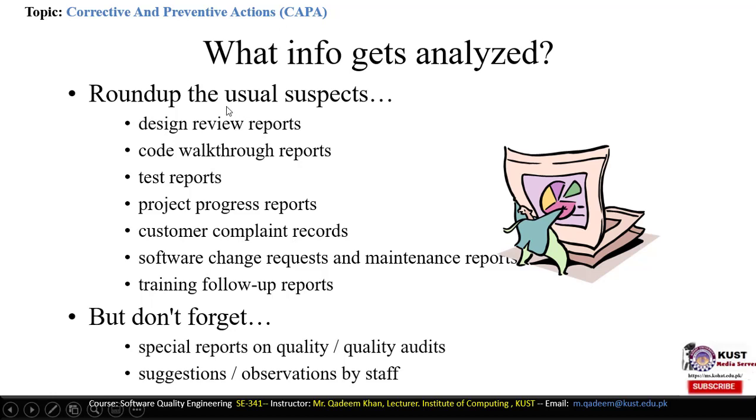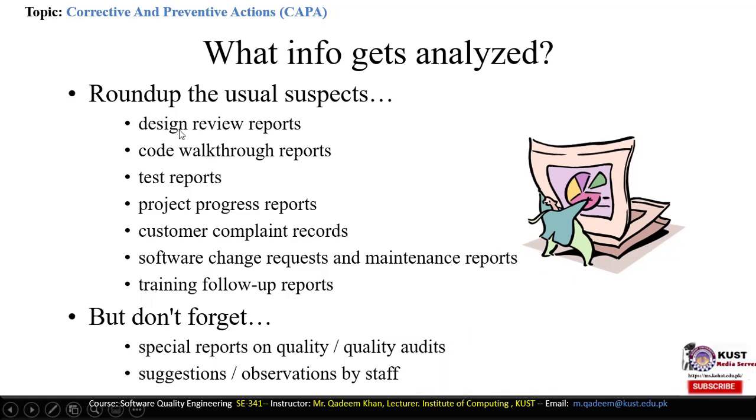So it includes design review reports, meaning all the reports concerned with the designing should be reviewed here. If there is a certain flaw in the designs, then that flaw should be corrected.